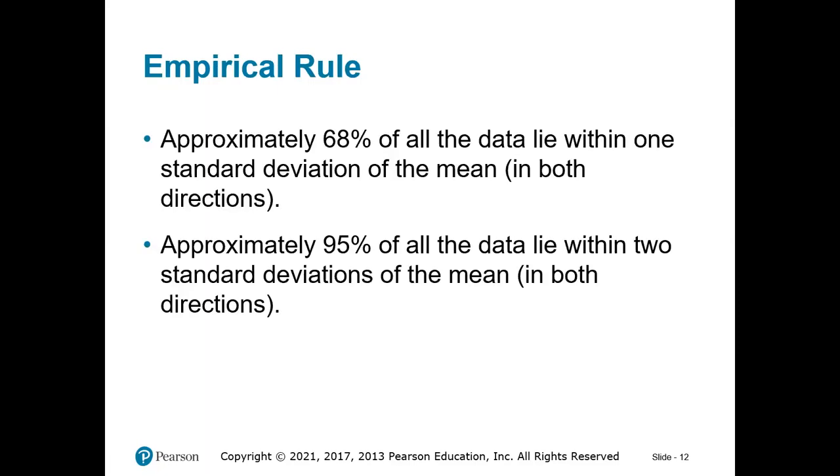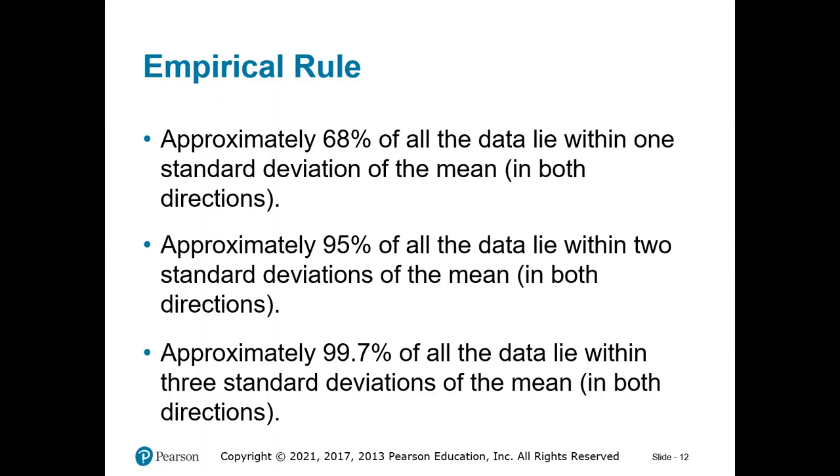So if you have a normal distribution, then you have what's called the 68, 95, and 99.7 rule. What does it say? It says approximately 68% of all the data. When I say data here, I mean 68% of the scores, 68% of the ages of the employees, 68% of the salaries of the employees, whatever data is collected.